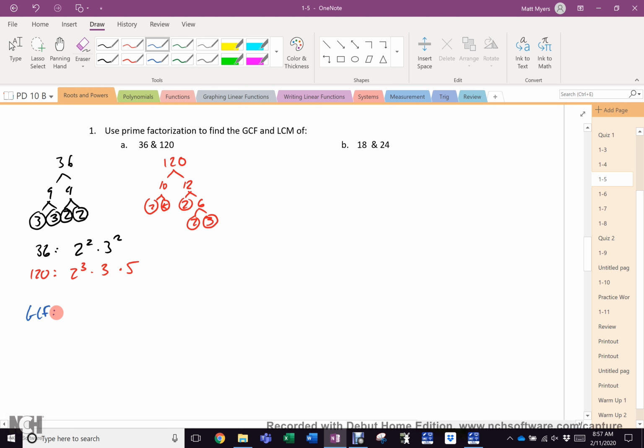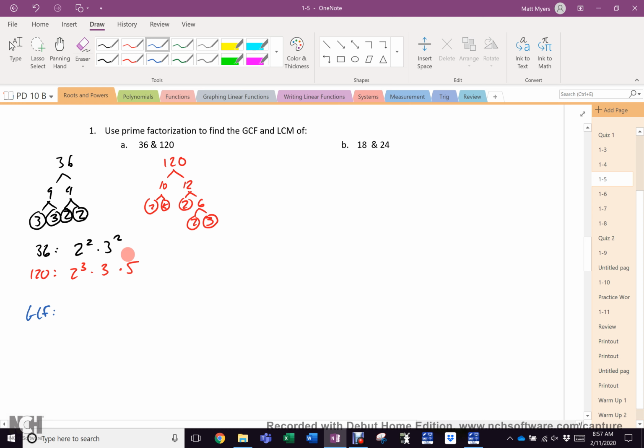GCF is the parts, right? So we remember the biggest number it can possibly be is 36, yes? So since 36 is the biggest number it could possibly be, do we care about this 5? No, because 5 isn't part of 36. So when we're doing GCF, we don't care about anything that isn't common.